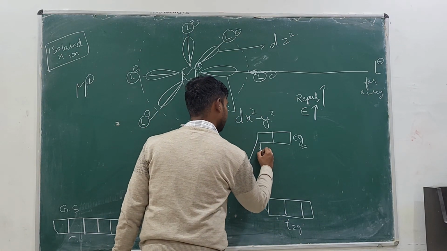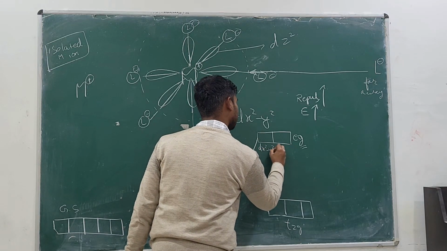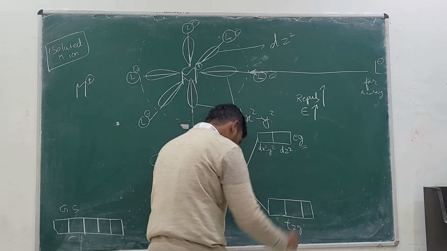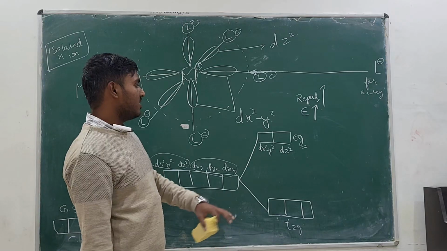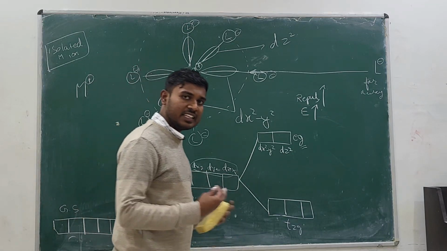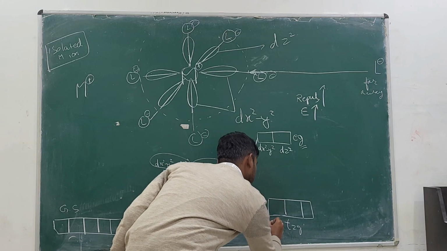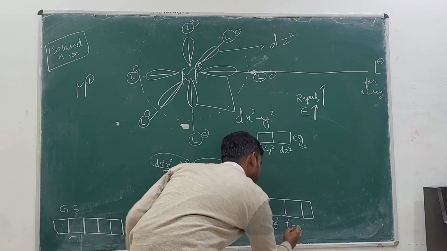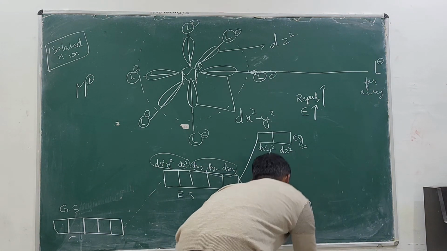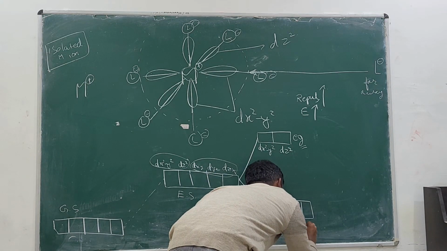So this is our dx² minus y² and dz², which are our axial orbitals whose energy level is increased due to the approaching ligand, and these are our dxy, dyz and dzx.